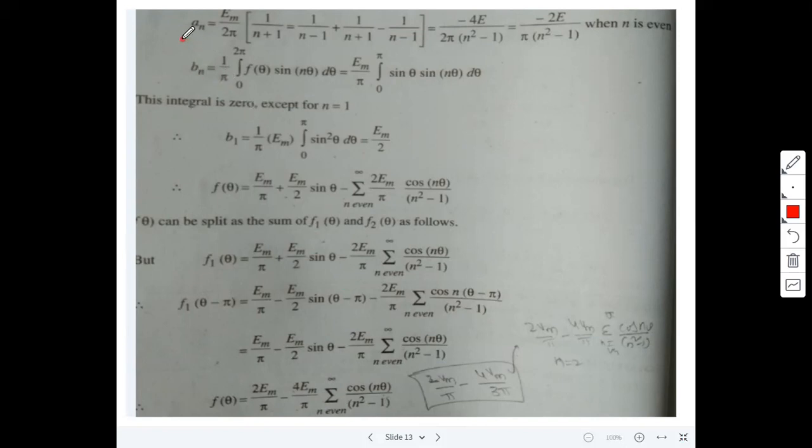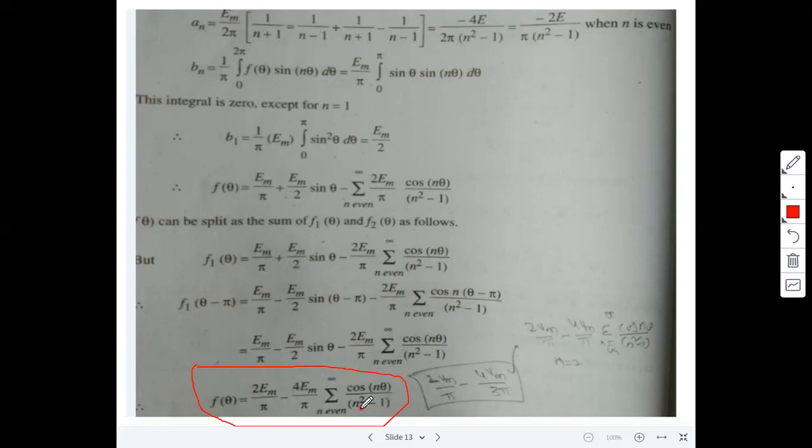Once we know the An and Bn values, then simply substitute here. Finally we get this type of expression: signal is equal to 2 Em by pi minus 4 Em by pi, summation over n equal to even numbers to infinity of cos n theta by n square minus 1.